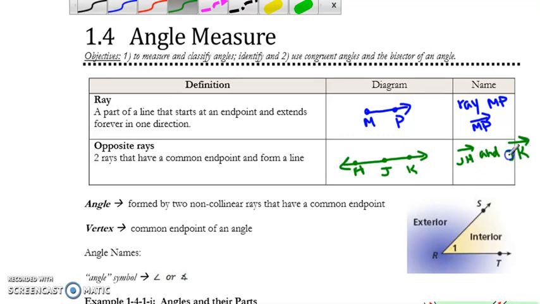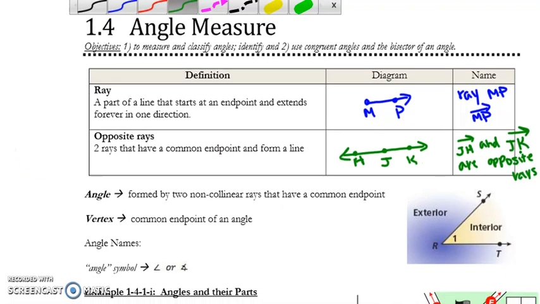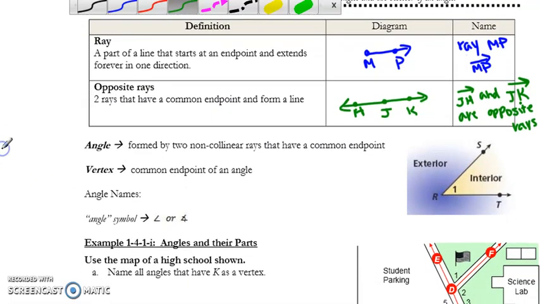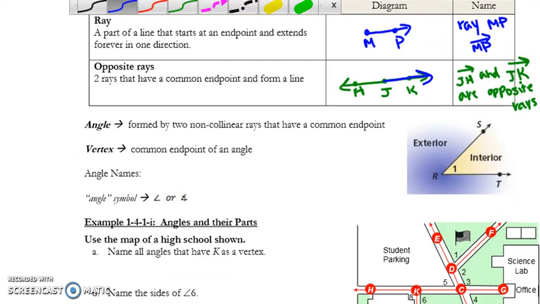Ray JH and ray JK are opposite rays. So we name them separately because they are two opposite rays. So maybe it might help to see. There we go, two different colors, but having that common endpoint.